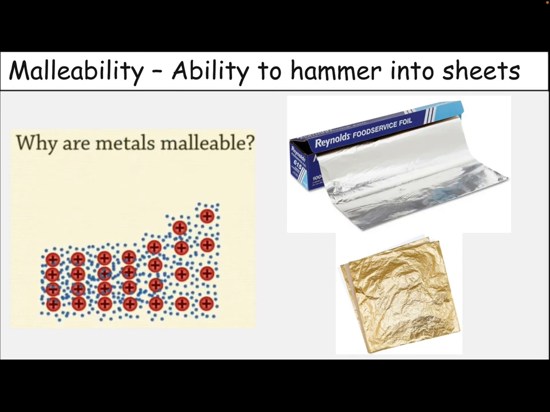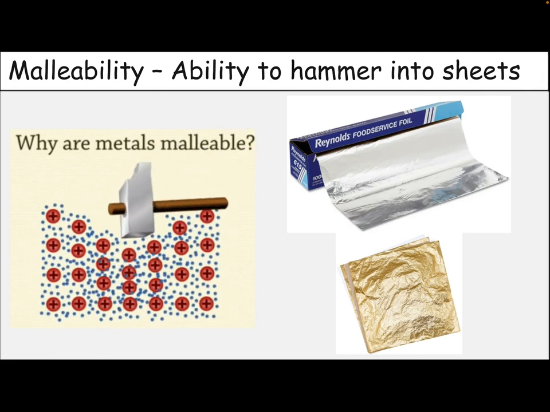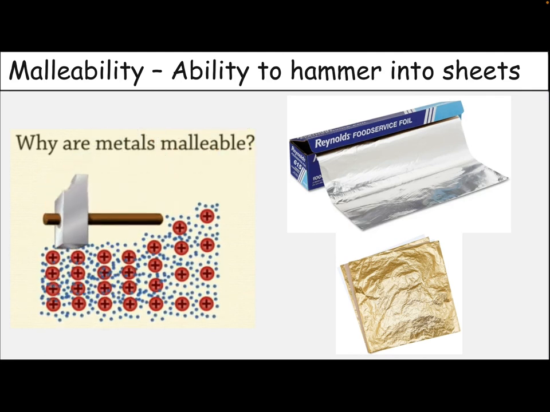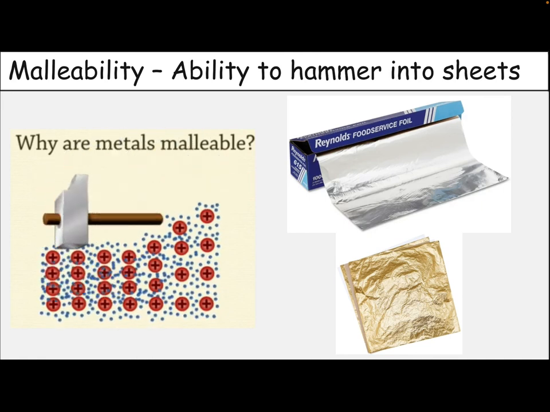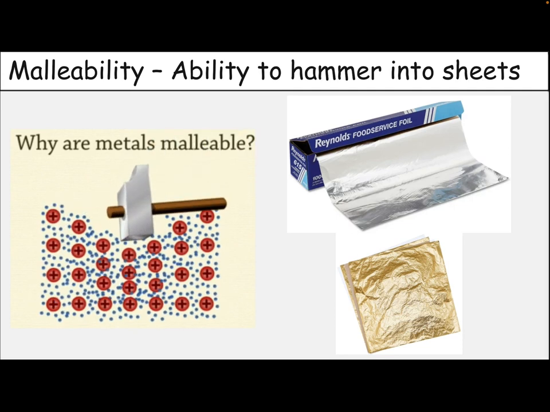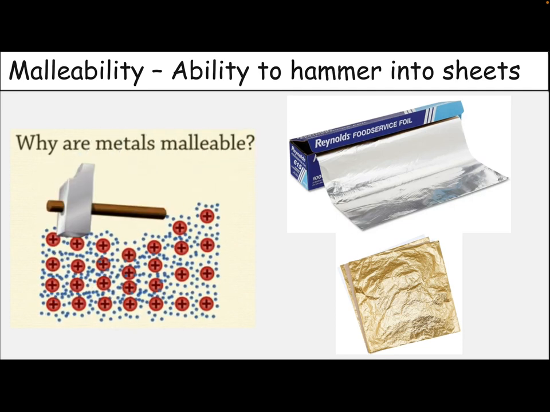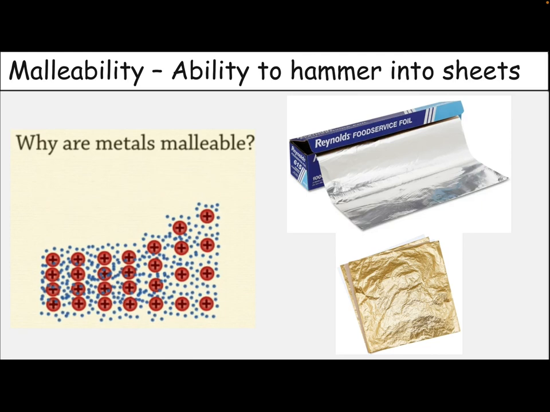The quintessential example is aluminum foil. Aluminum is a metal, but because it's malleable, because of its sea of electrons, we're able to hammer or press aluminum into these really thin aluminum foil sheets. Most of us use these almost every week when we have leftover food or we go to a barbecue.